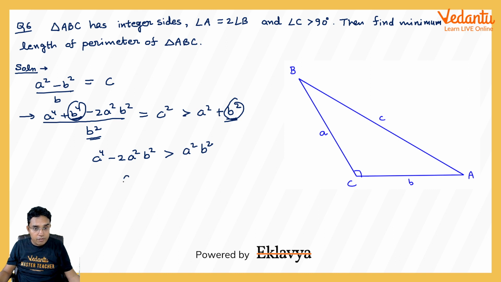Okay, so here we are getting A power 4 is greater than 3 A square B square. So from here A square will be cancelled, A is greater than root 3 B, and this is one very important thing here.